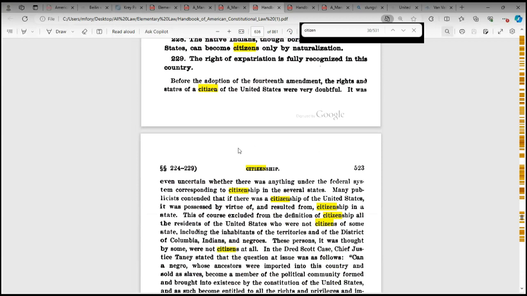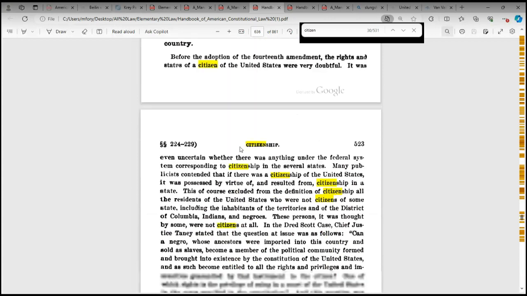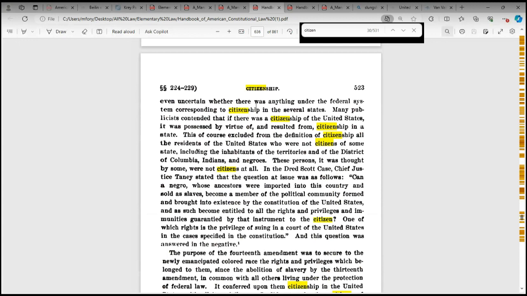Before the adoption of the 14th Amendment, the rights and status of a citizen of the United States were very doubtful. It was even uncertain whether there was anything under the federal system corresponding to citizenship in the several states.